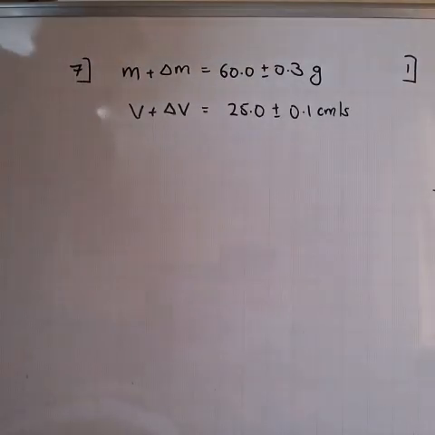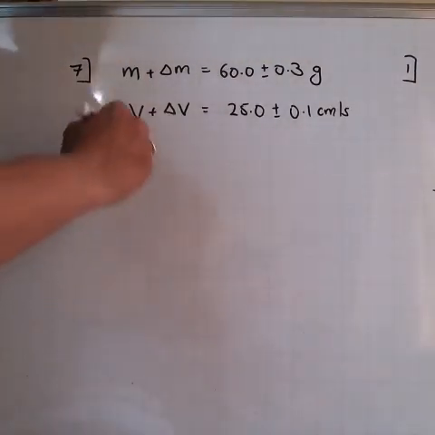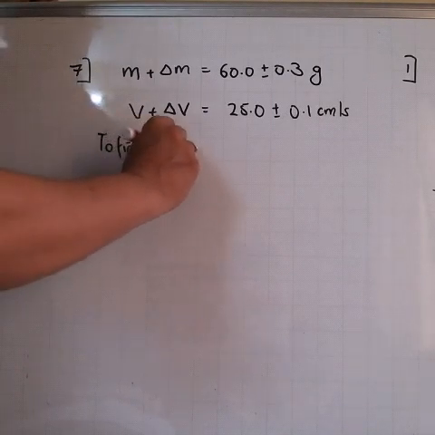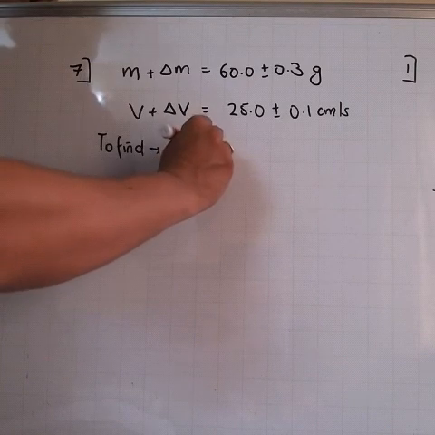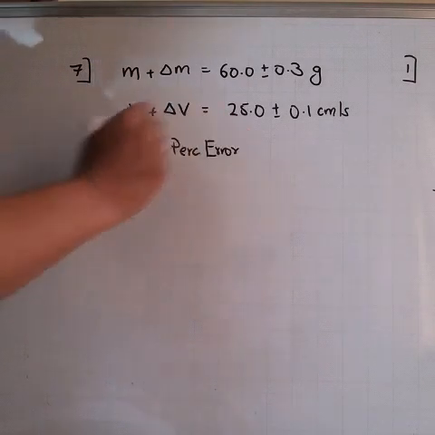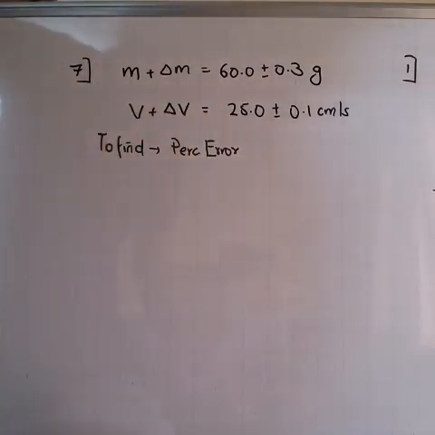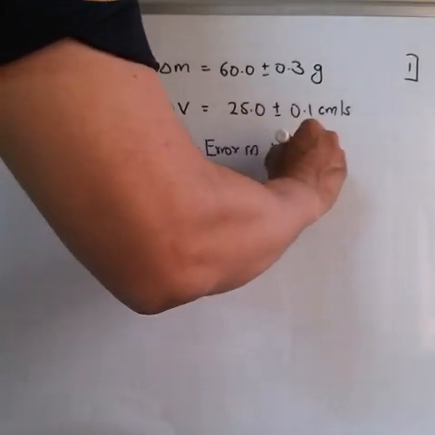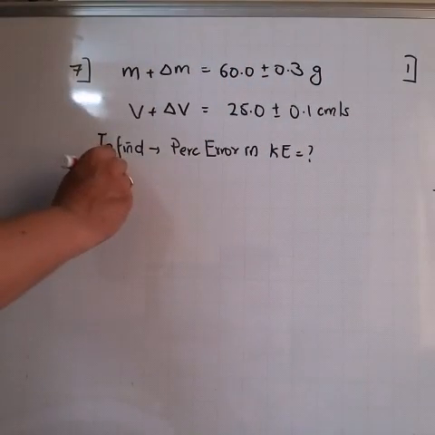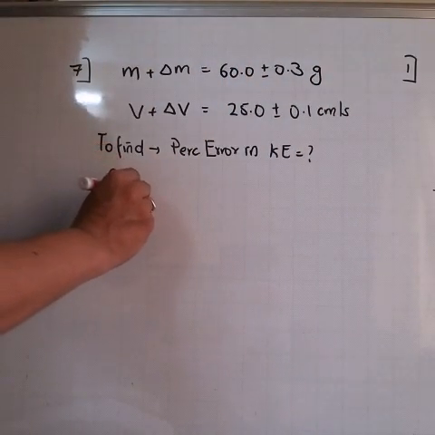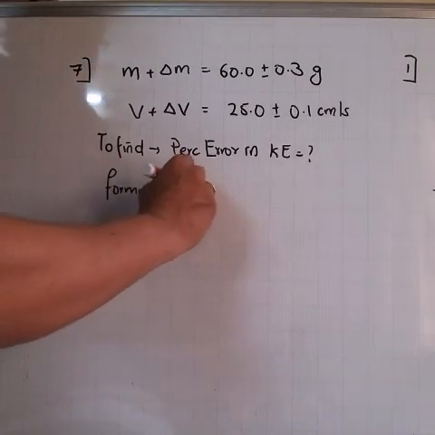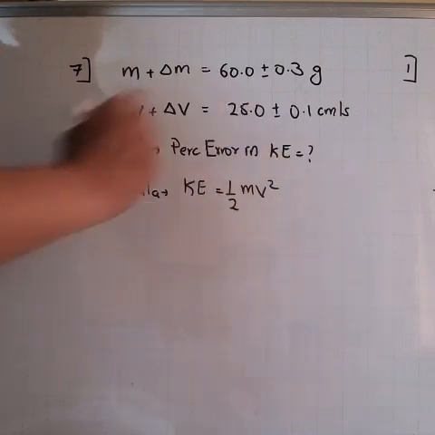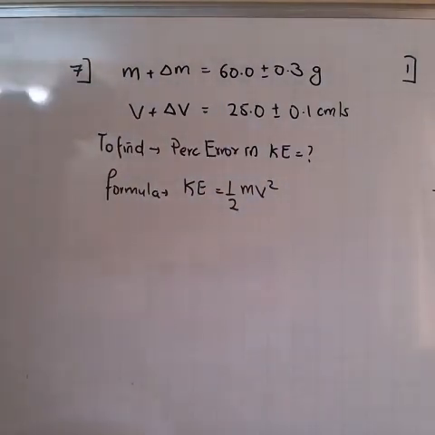Okay, what they are asking you to find: percentage error in kinetic energy. Okay, now first of all you understand the general formula for kinetic energy. Kinetic energy is given by KE equal to half mv square.